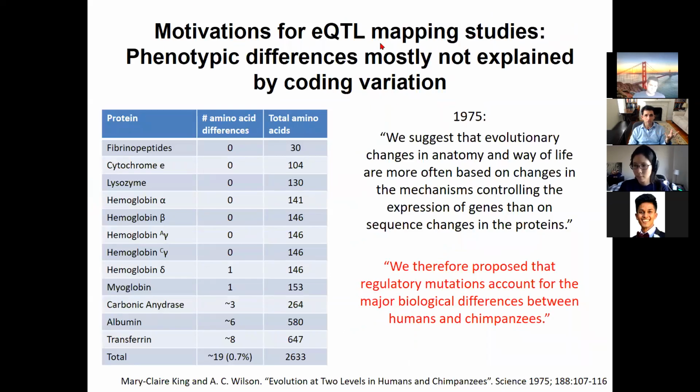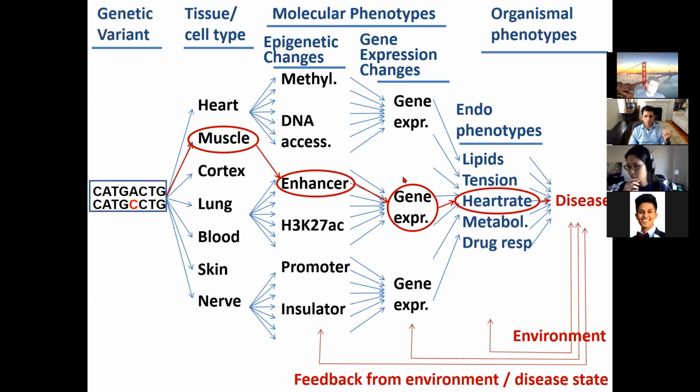So why eQTL mapping? Why map these intermediate expression levels? The reason is that if you have a genetic variant nearby a gene, what we typically think it's doing is that it changes the expression of that gene. It doesn't impact the protein directly, but maybe it changes the level of expression of that gene, thereby altering the gene function.